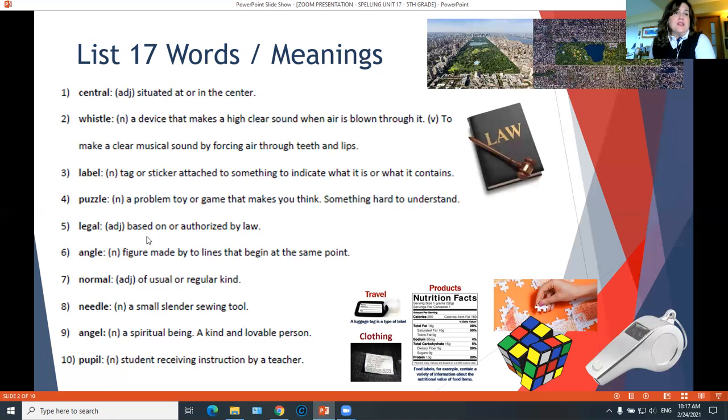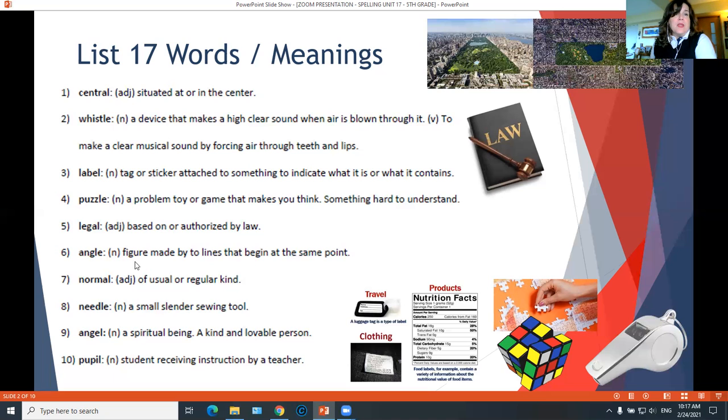Legal is an adjective that means based on or authorized by law, okay? Like when you take legal actions, or when you go to the university and study legal information, or you study a legal career, okay? Career in law.